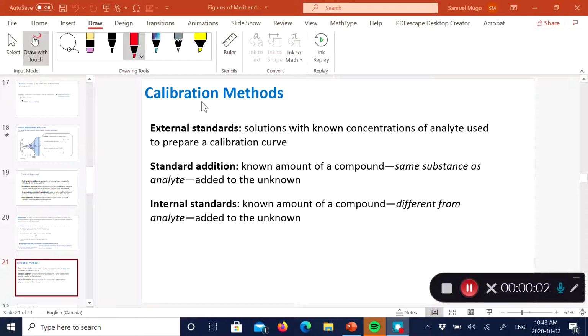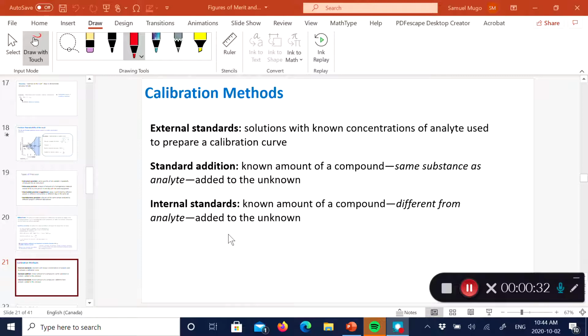Today we're gonna talk about the calibration methods, and I've mentioned this quite a bit before. Now remember, there are three types of calibration methods. There's what you refer to as the external calibration method, the standard addition calibration method, and the internal standard calibration method.